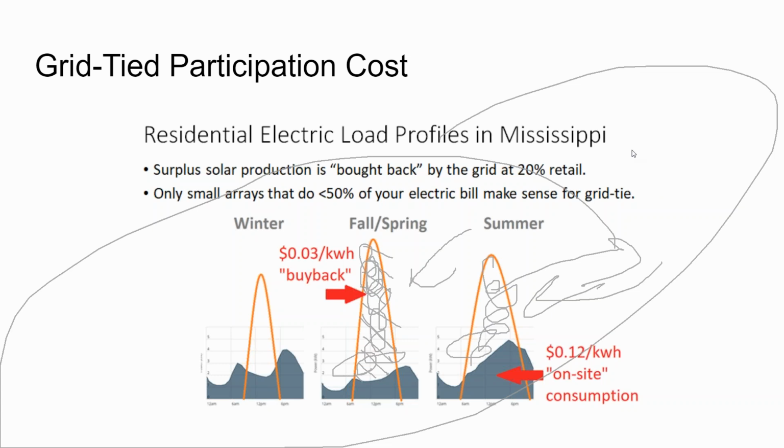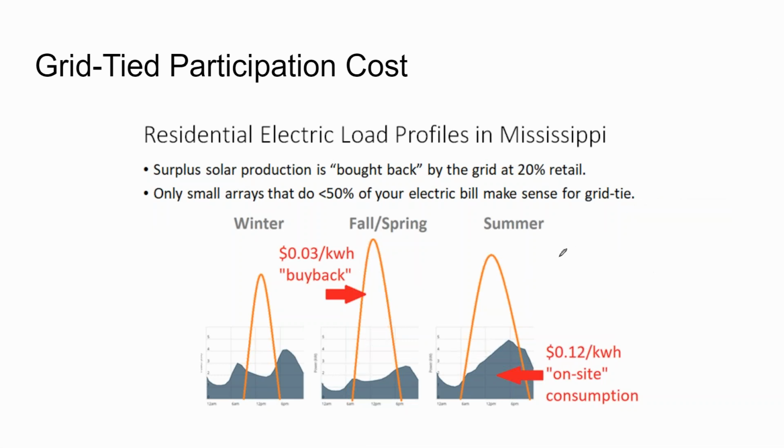Otherwise, it's just wasted, which, traditional power plants do have this concept of stranded electricity when they are producing, but they don't have any off-takers for the electricity, and it costs them money as well.